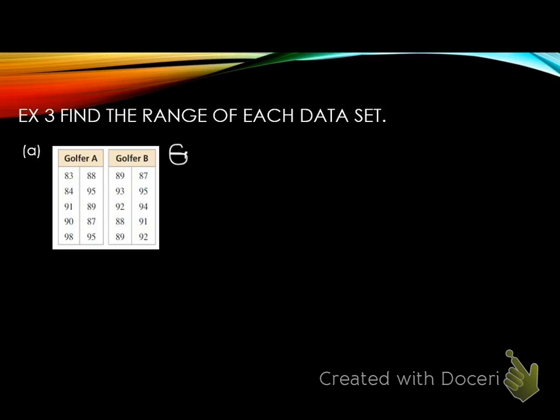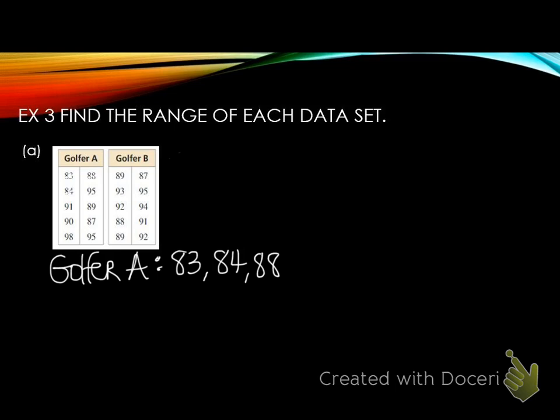All right, golfer A. Let's put these numbers in order from least to greatest. Give me some golfer A scores. We've got 83. We've got 84. Oh, we missed 87.